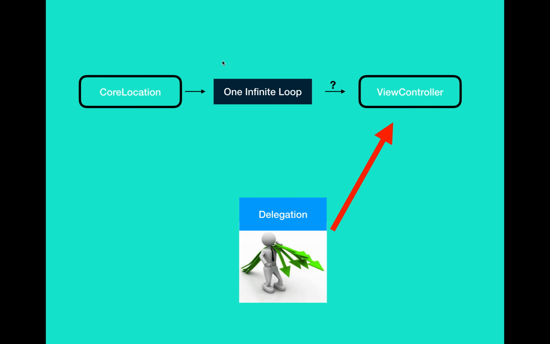But if the delegate is nil, nothing will happen. And we can get location information into our view controller and use it for our purposes. That's what delegation is for, and that's how delegation works.